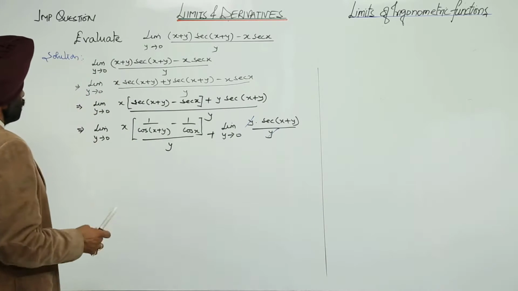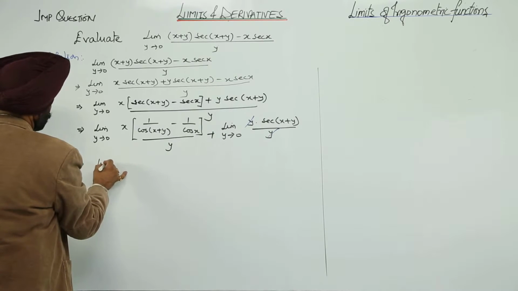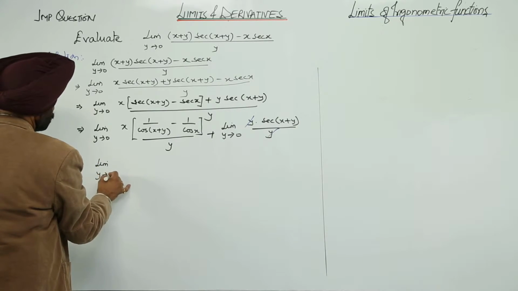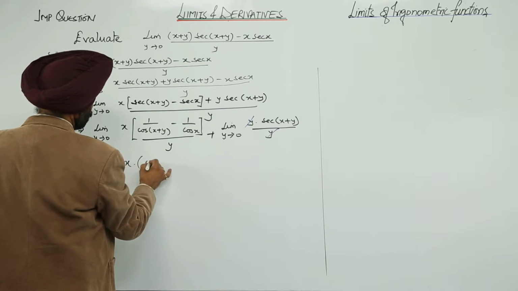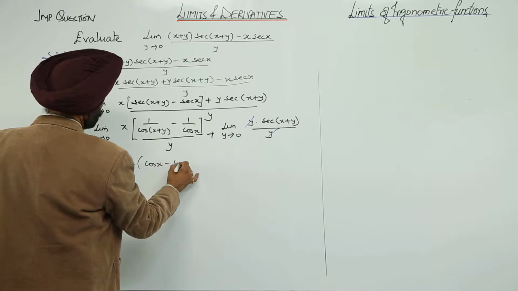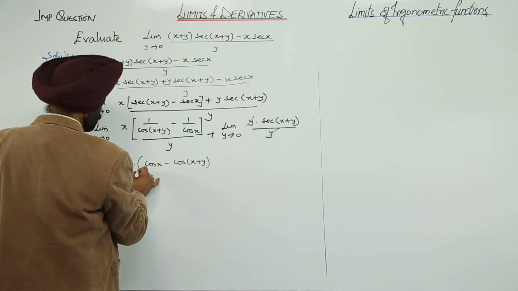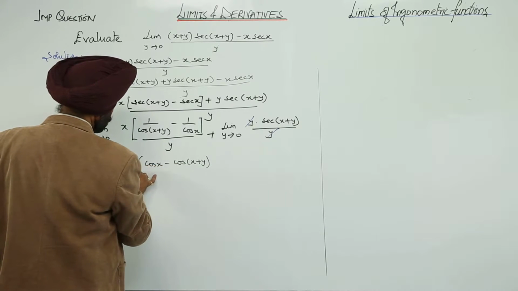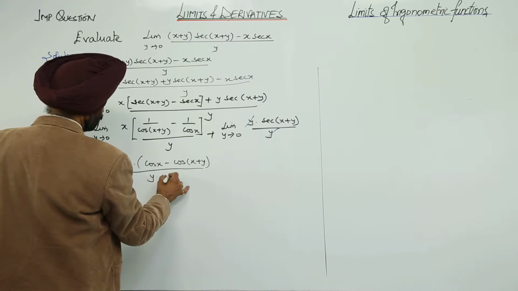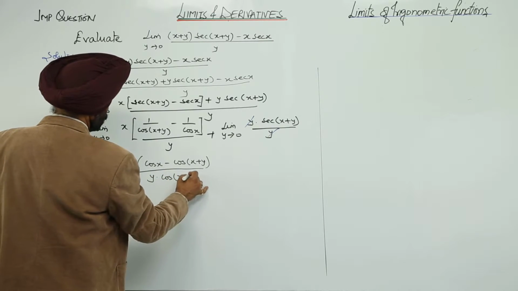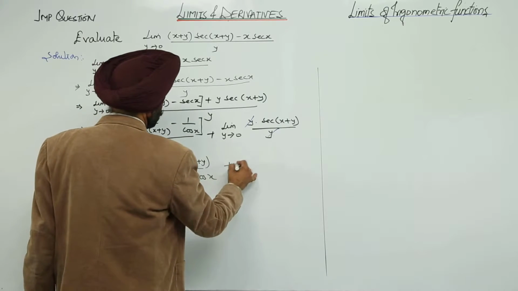Okay. Now this part, limit y approaches 0, x, now cos x minus cos x plus y upon y with cos x plus y cos x, plus secant x.